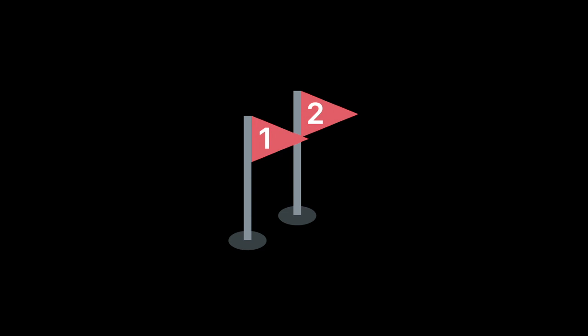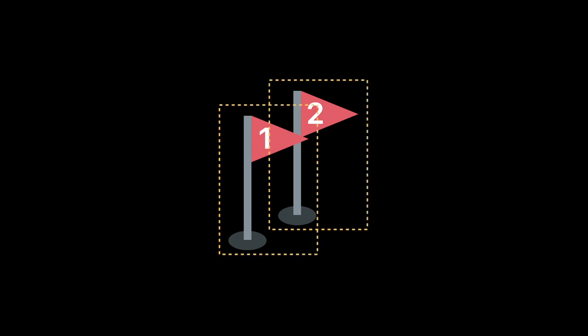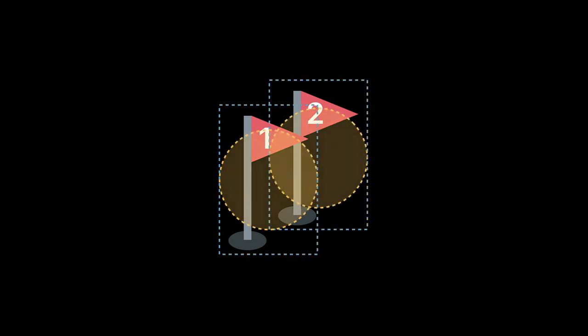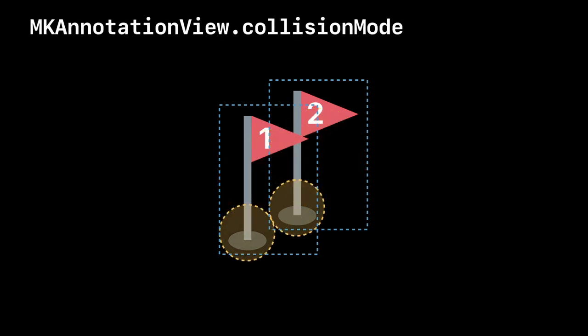If we use just the rectangles, they are way past where we want them to detect collision. If we use the circles, it doesn't really fit either. What we really want is something closer to this, which would be the circle at the bottom with a 5-point outset option that we did not give you. You don't have that option, sorry.